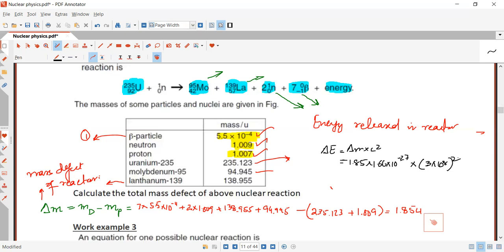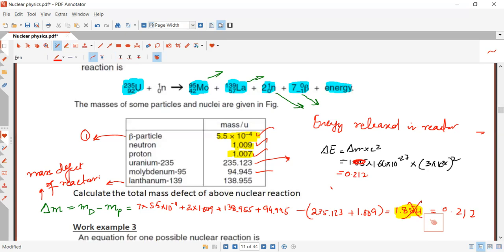Okay, students, there is a mistake in the previous calculation. This number is wrong. The answer is 0.212. Right, so here I'm going to replace it with 0.212.